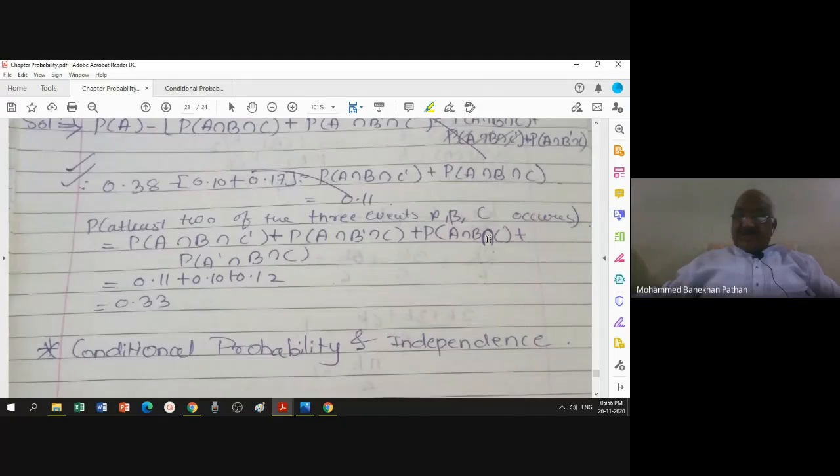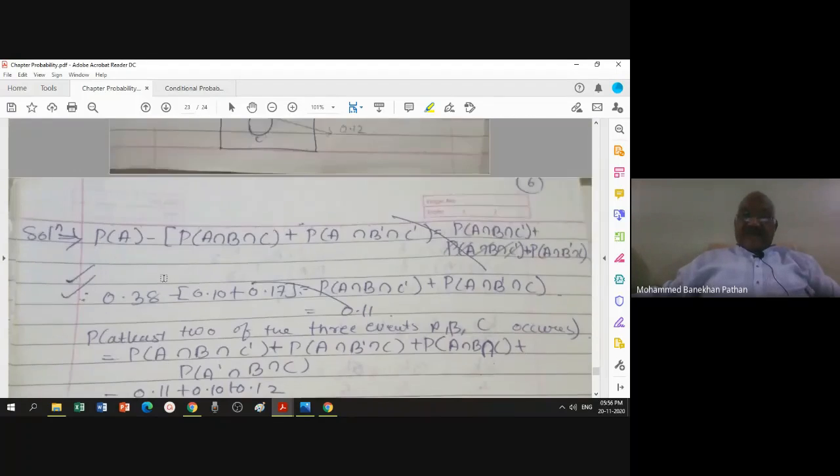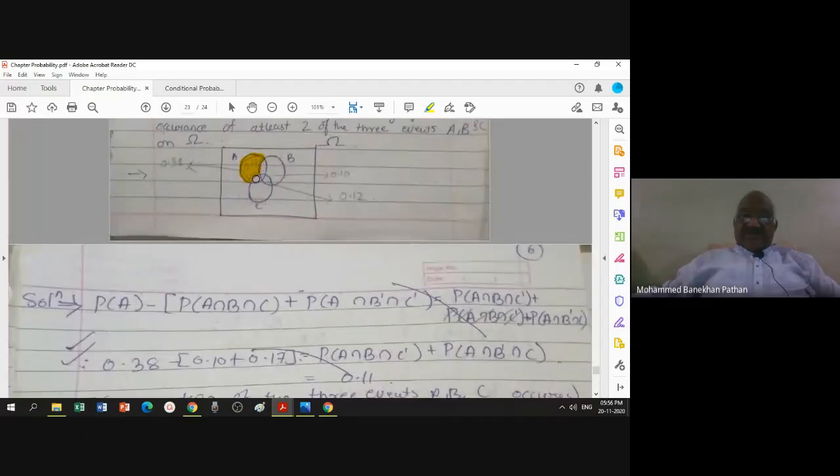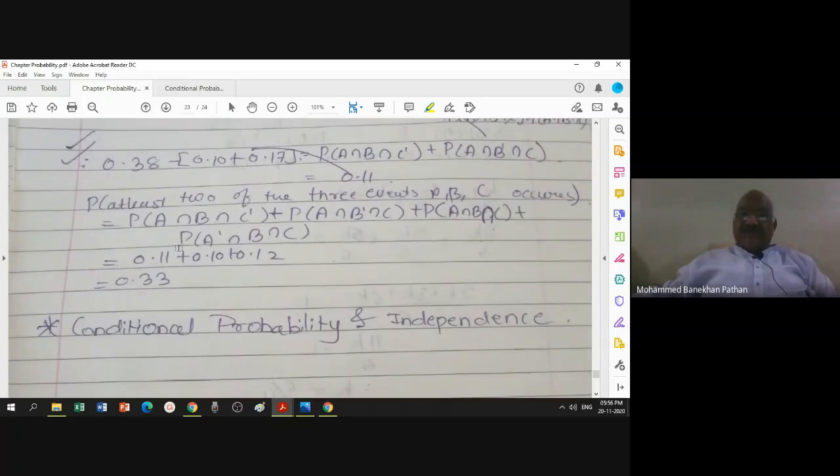This is given in the question, this is given in the question, and this plus this is 0.11. That means this plus this area is 0.11. Easily you can see from the Venn diagram, 0.17 and this middle circle 0.10 become 0.27. 0.38 minus 0.27 is 0.11. So the addition of these two probabilities is 0.11.